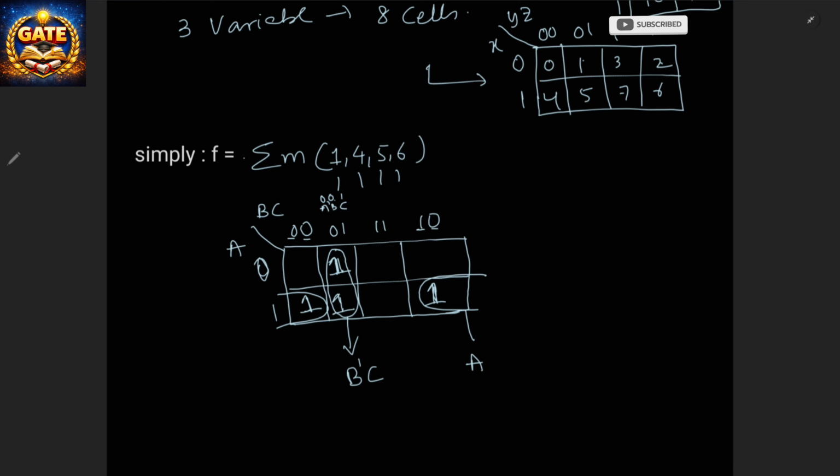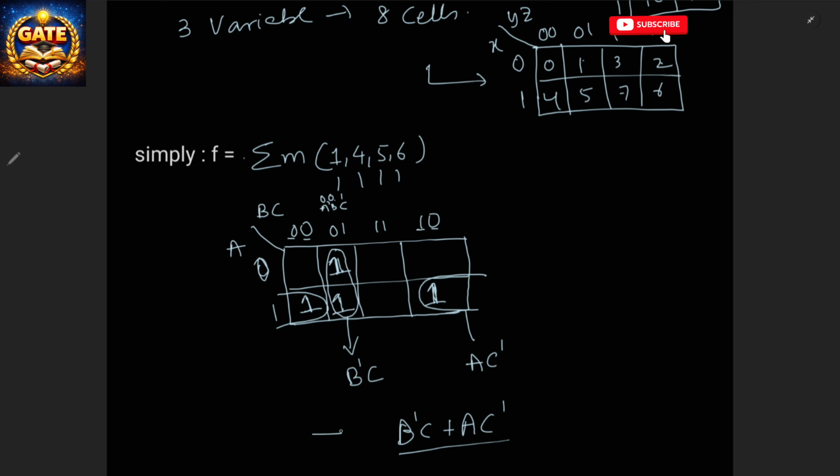So we write the constant terms, A dash C. So the expression is B dash C plus A dash C. This is the reduced expression.